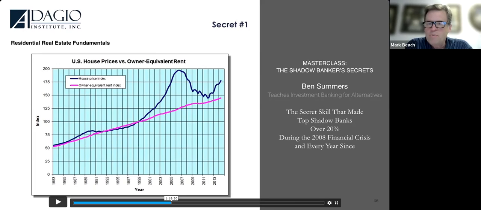And when that bursts, remember what happened in 2008, 9, 10 when this bubble happened? What was going on on Wall Street? What was too big to fail? These detachments from the owner equivalent rent, if that's our trend line that is based on reason, and the markets now are going nuts. We had bank bailouts, we had bank failures, and we had to have the Fed bail them out.